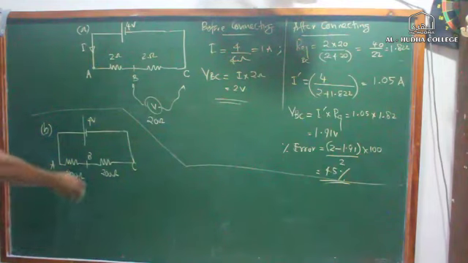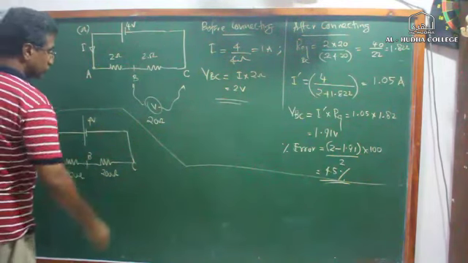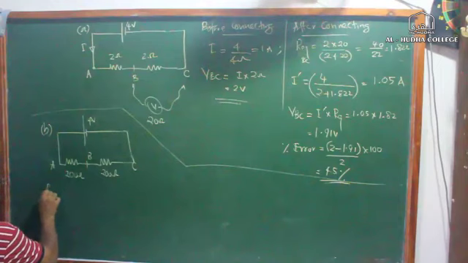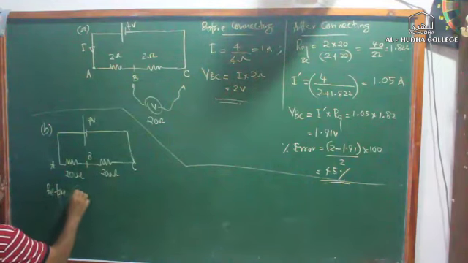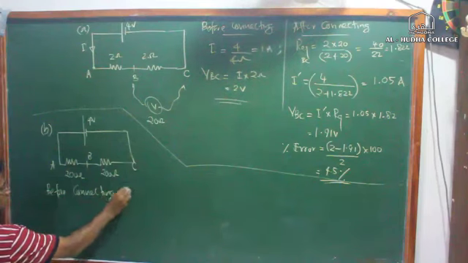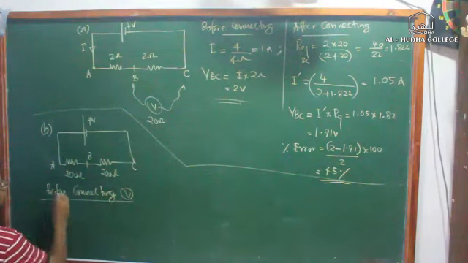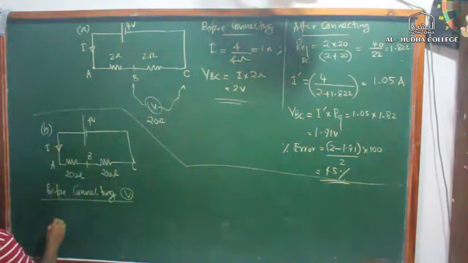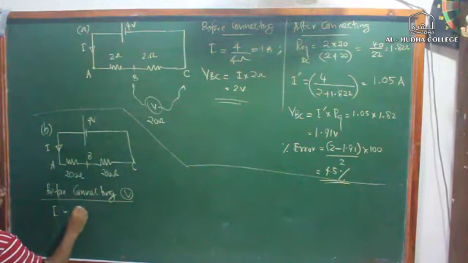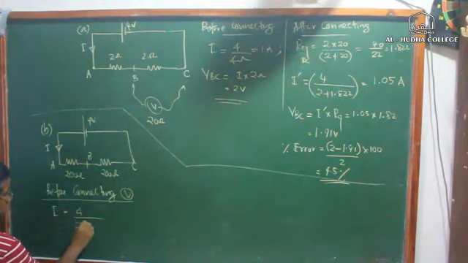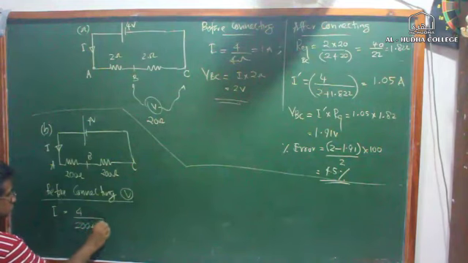Now for this circuit also, as we did before, before connecting the voltmeter, if you calculate the current, I is 4 divided by 200 ohm plus 200 ohm.